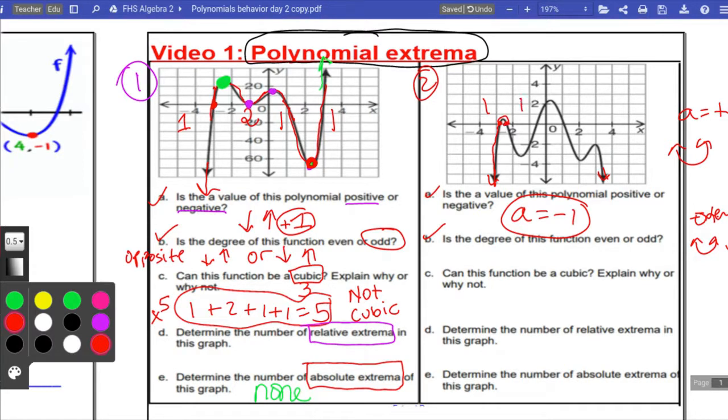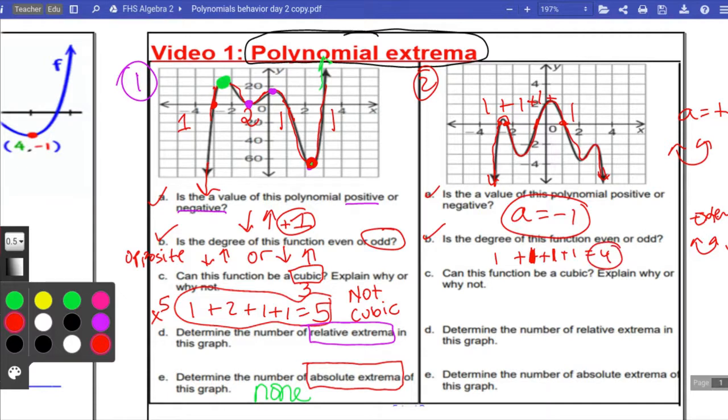Boom, cross, 1. Boom, cross, 1. Boom, cross, 1. All right, so add them up. 1 plus 1 plus 1 plus 1. How many of them do I have? 1, 2, 3, 4. You get 4. So it is even.